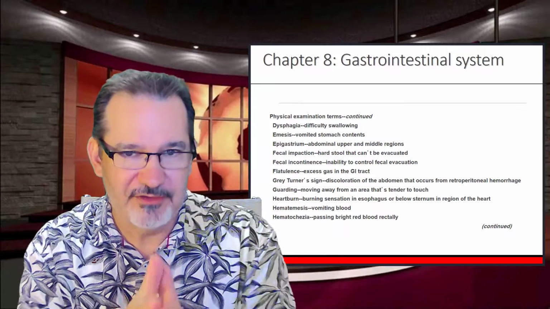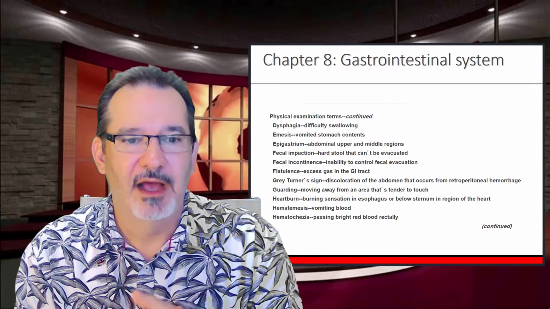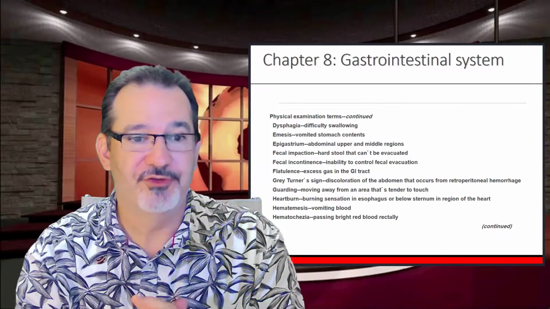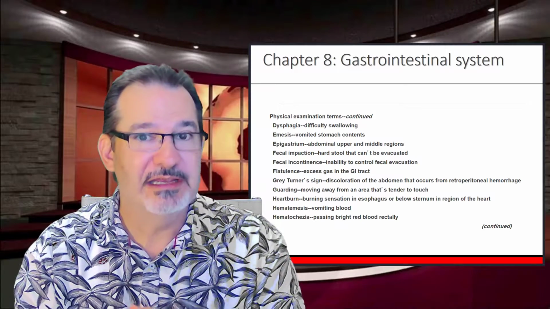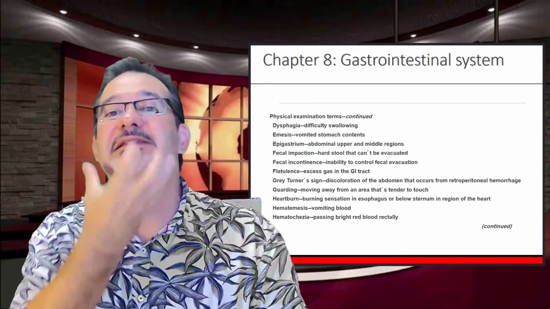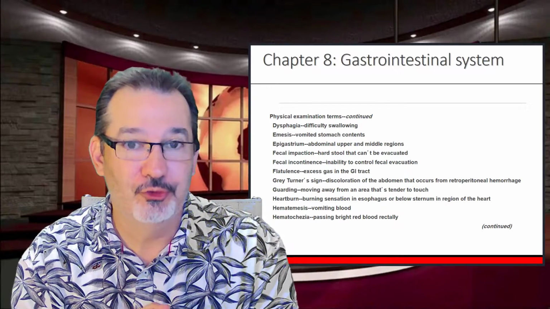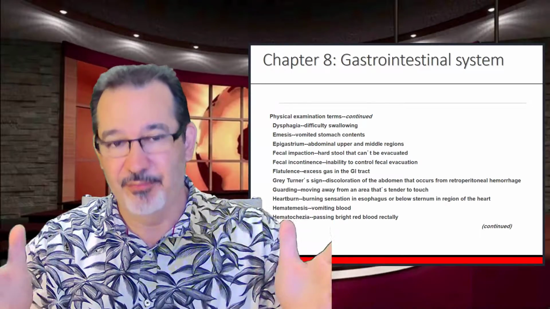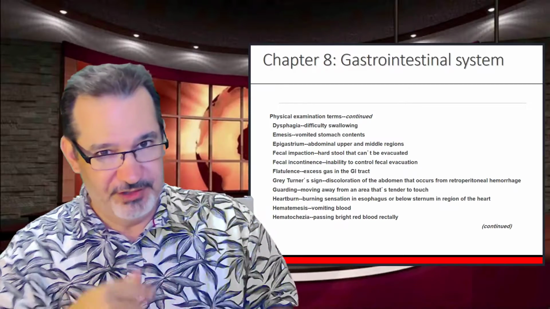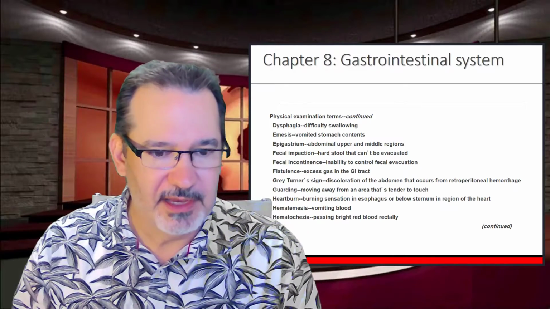So I put those together. That's how I keep those things straight. Another way you could do it is if you look at dysphagia with a G, you could say gastro, difficulty swallowing, to kind of keep those two apart whenever you see those terms, okay?